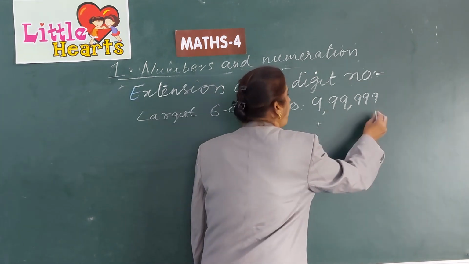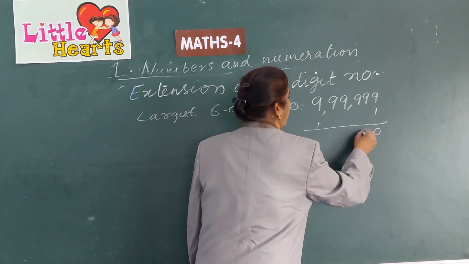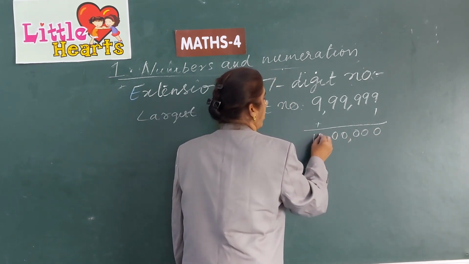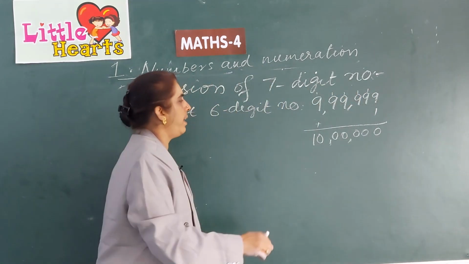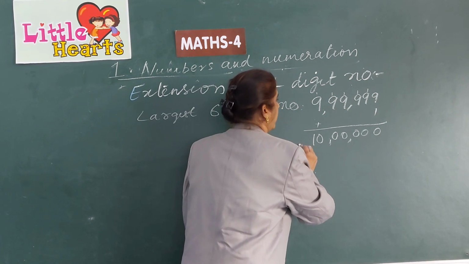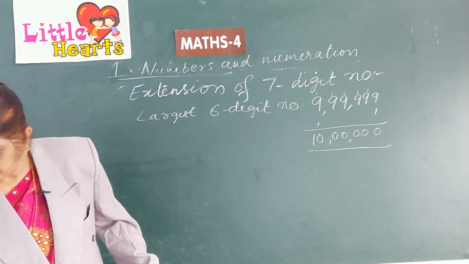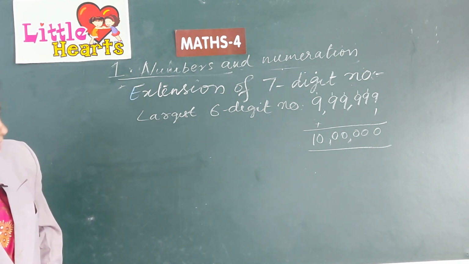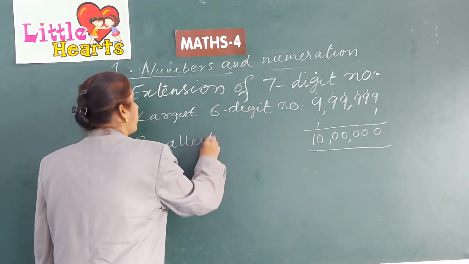If you add 1 to it, you get 10 lakhs. You get 10 lakhs. This is the smallest 7-digit number.